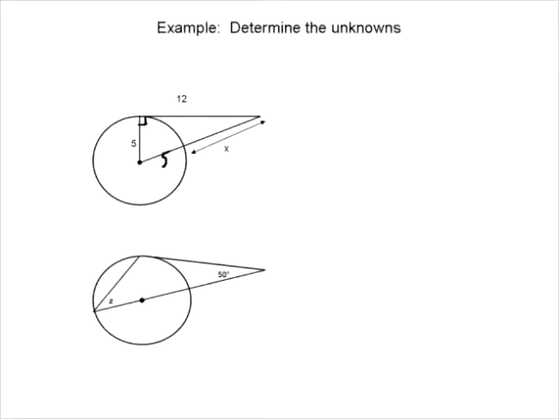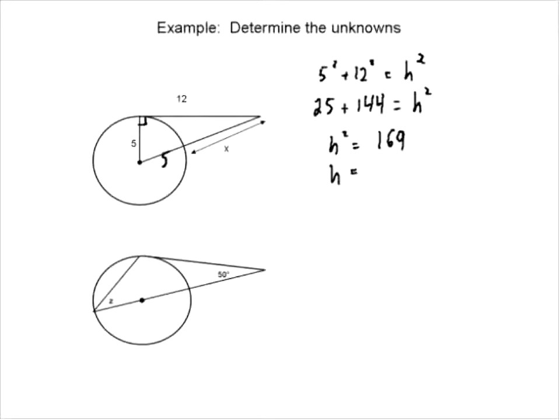So we have 5 squared plus 12 squared is equal to, and I'm just going to call it h squared. So 25 plus 144 is equal to h squared. So h squared is going to equal 169.